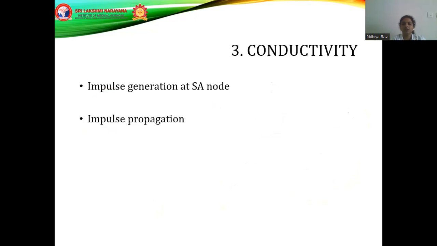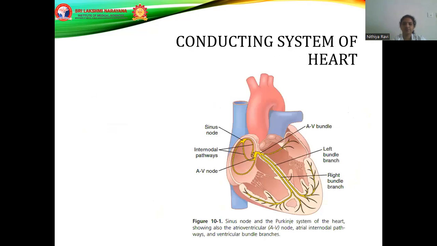Then coming on to the next property, conductivity. The impulse which is generated at the SA node has to be propagated to the other parts of the heart. This impulse propagation is possible because of the property of conduction of the cardiac muscles.